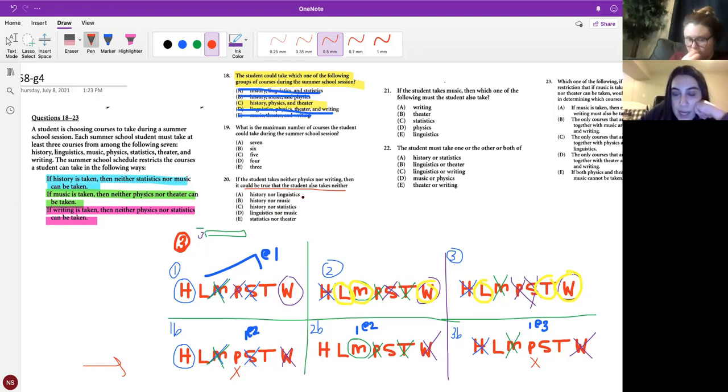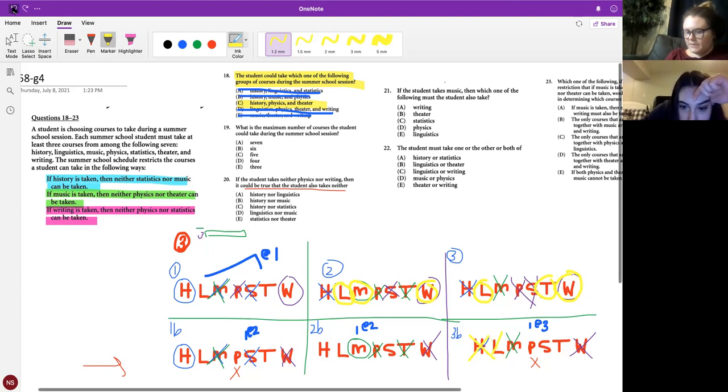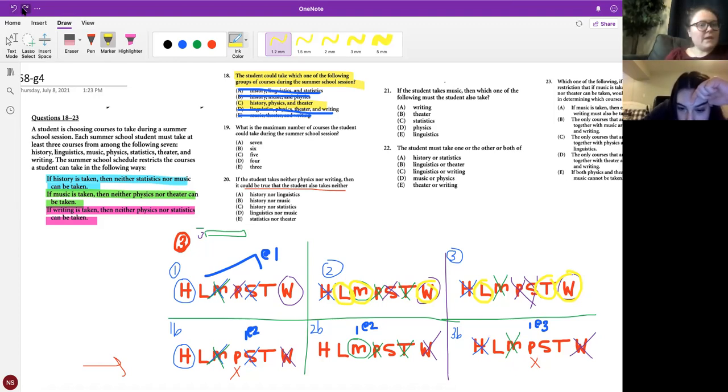In 3B, if you also crossed out linguistics. But if we don't have history, linguistics, and P, we only have 2. So that doesn't work. Could it work in any of the other ones? No. Excellent, so we can cross that one off.